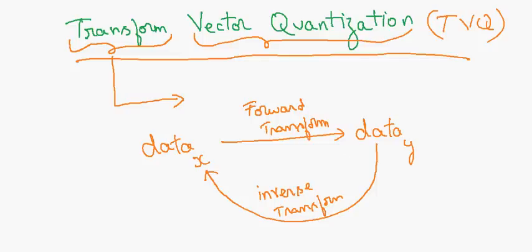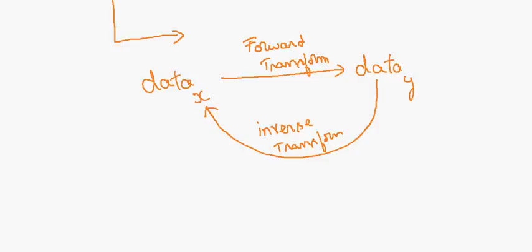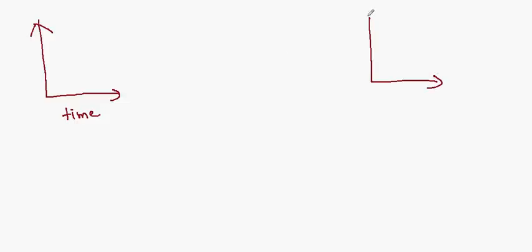For example, if I have some data in time domain, say all values are analyzed with respect to time, and I want to transform it to frequency domain. Most of the time the analysis is done in the frequency domain because of the advantages that we get in the frequency domain.